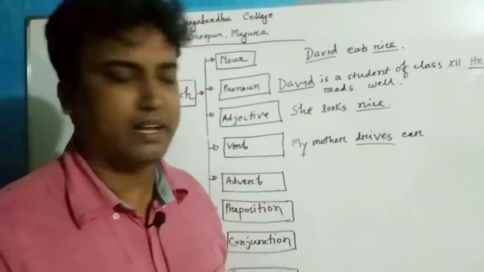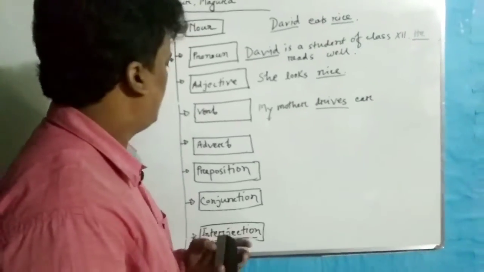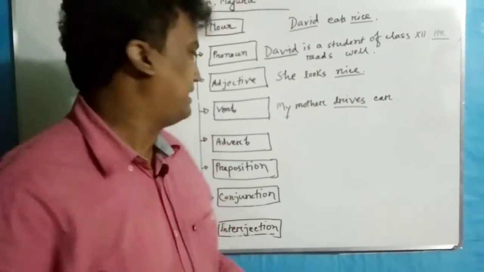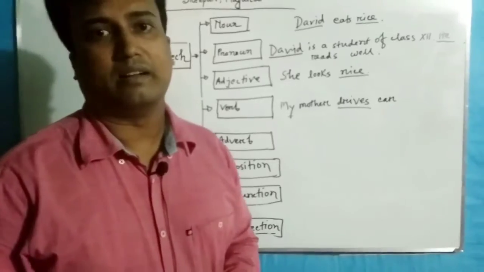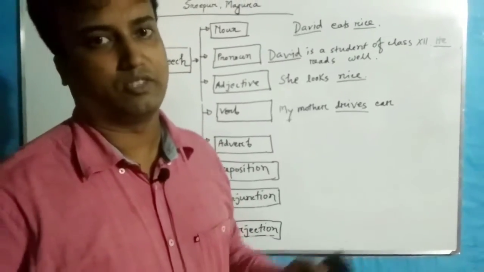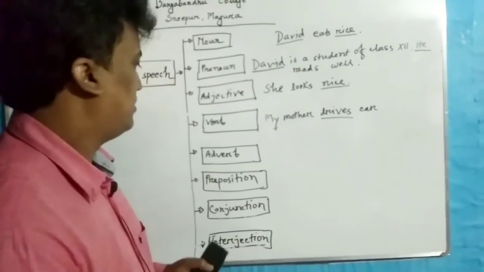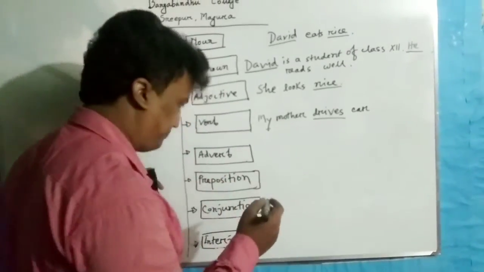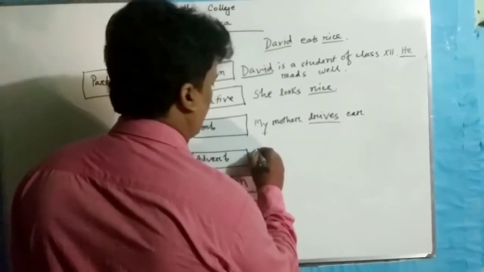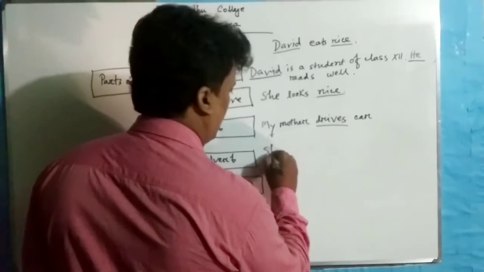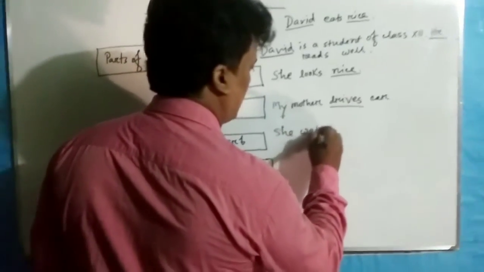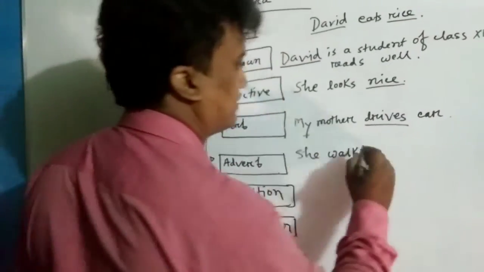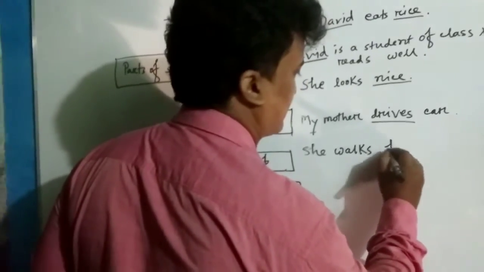Many grammarians have told that adverb can modify the whole parts of speech. For example, she walks fast.